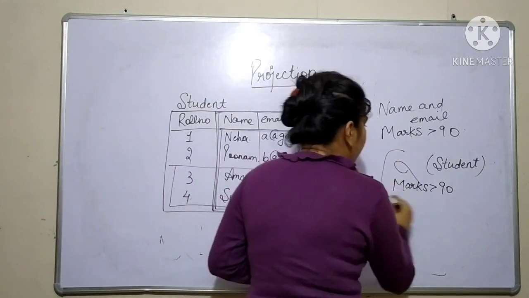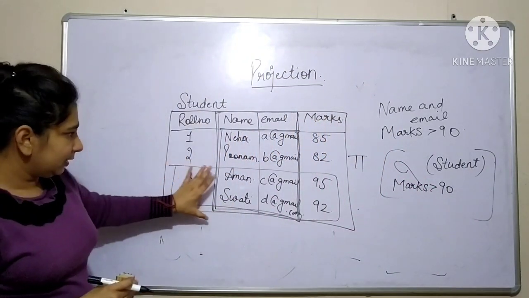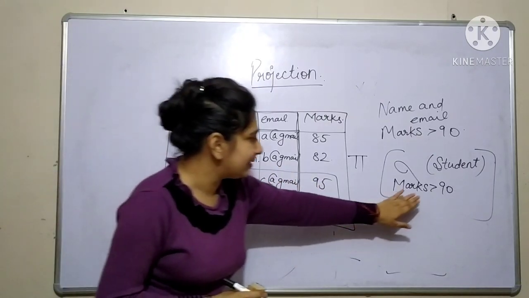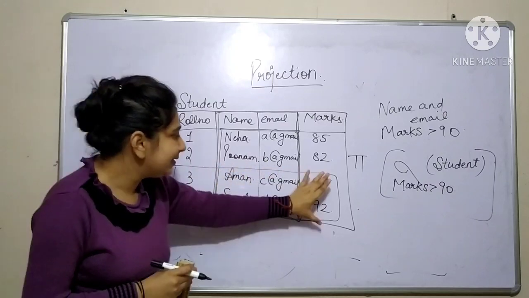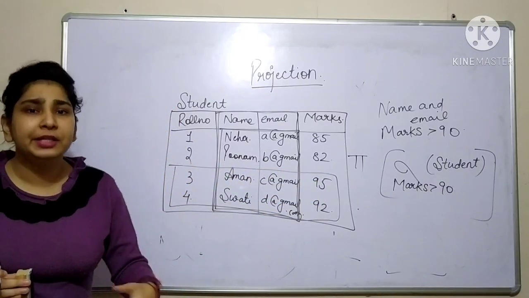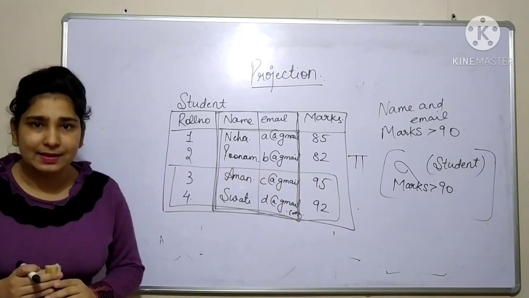Now what I want to do is project. I have two tuples after performing this selection operation. Now I have one new relation in which these two tuples are present.